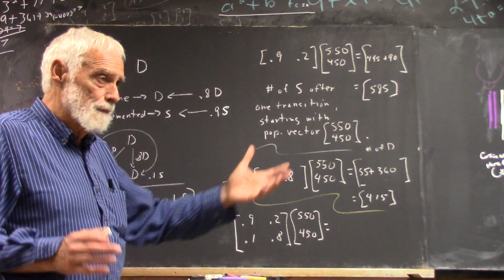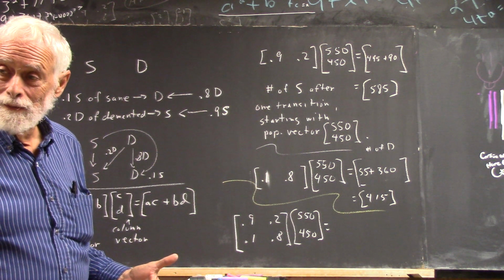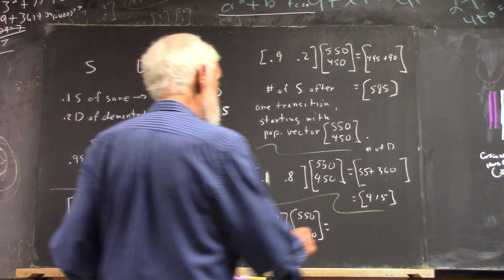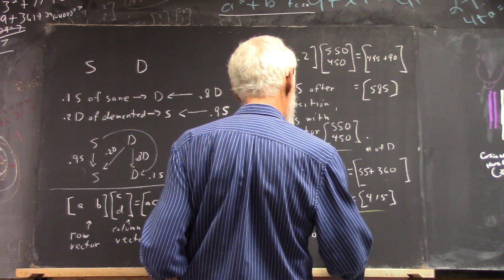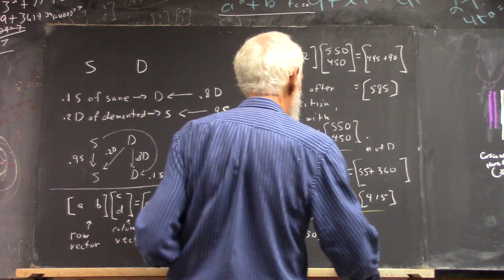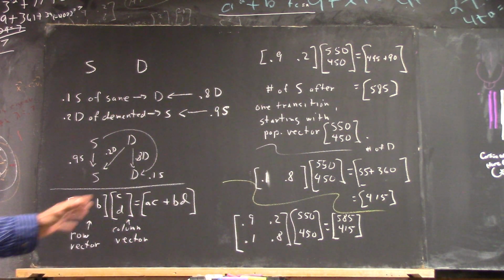Well, a bracket with both of them, huh? A bracket with both of them, 585, 415. Yeah. This is going to be 585, 415. Okay?